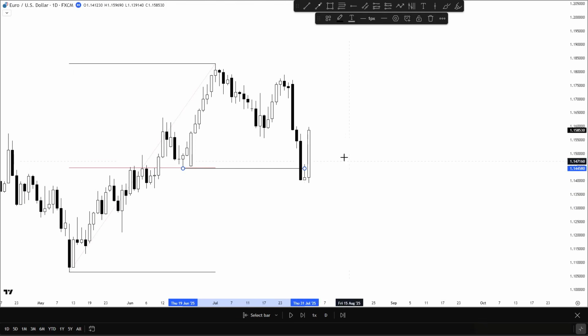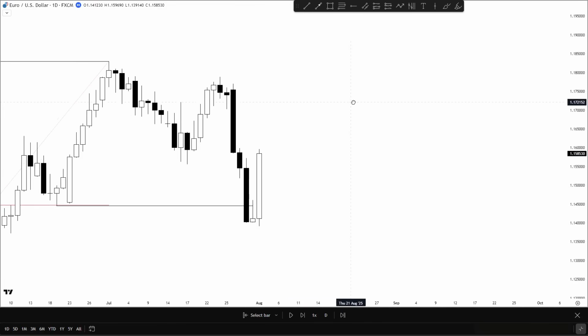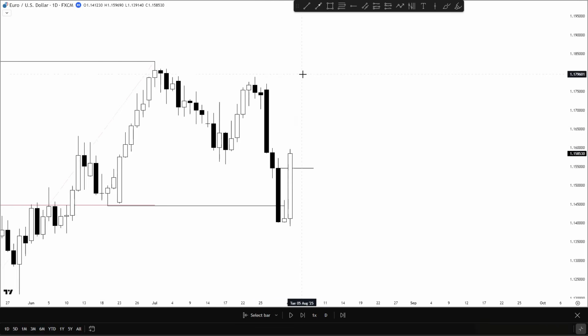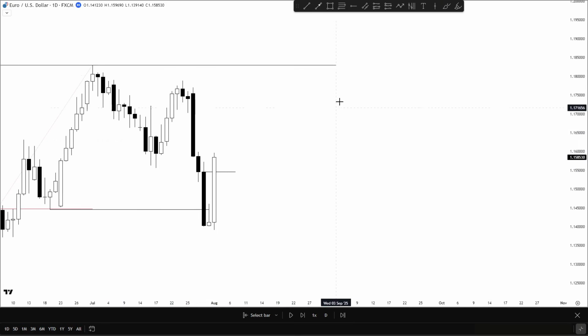Now that we've rebalanced this dealing range and also had a CSD here, our expectation for price is a range expansion higher, eventually taking out this high.